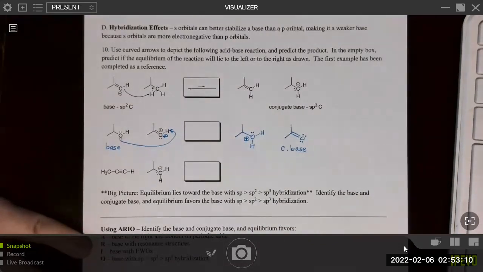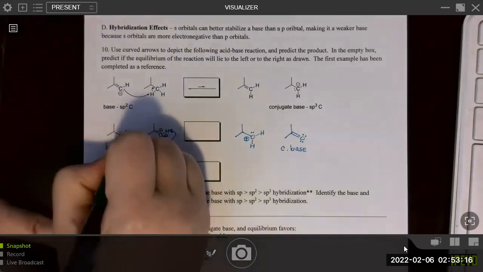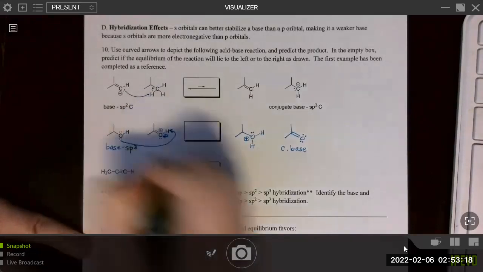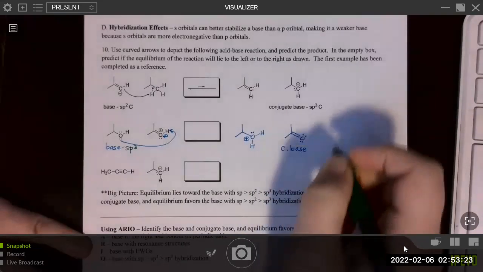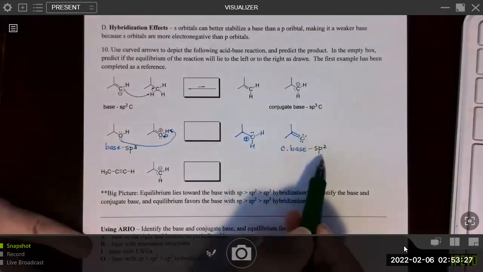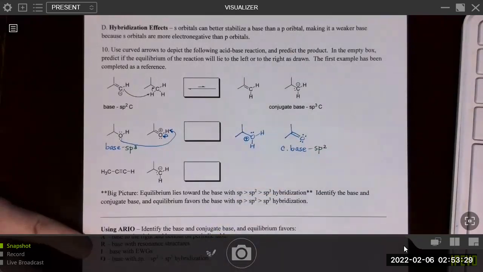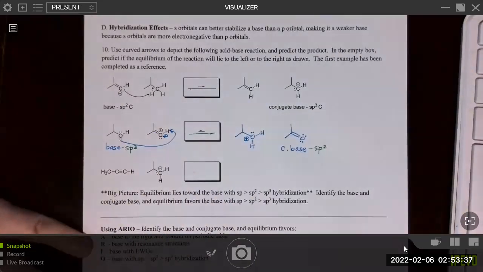So if we're thinking about the lone pair, this oxygen is sp3, and this oxygen is sp2. So the lone pair is in an orbital that has more s character, and therefore we should expect it to be more stable, according to Ario, and draw the equilibrium arrow in that direction.